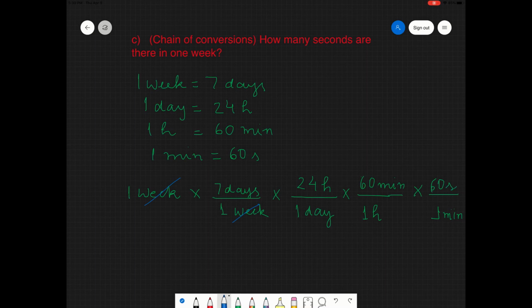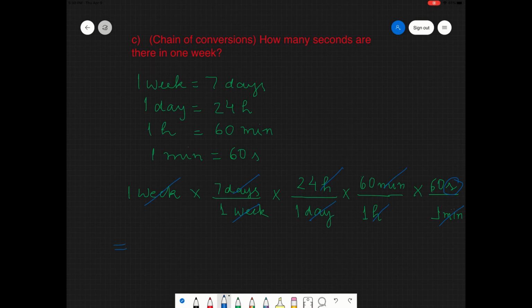So with this chain of conversions, we can see that weeks cancel, days cancel with day, hours cancel with hour, minutes cancel with minute. So the final answer will be in seconds.